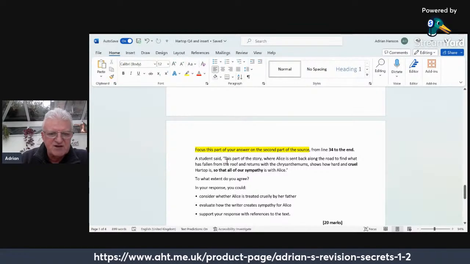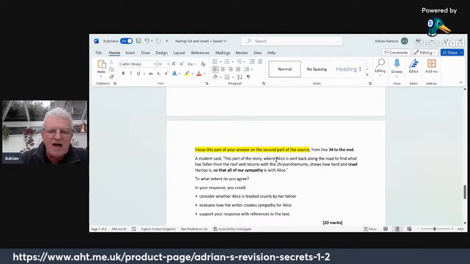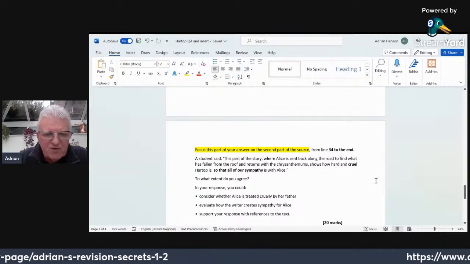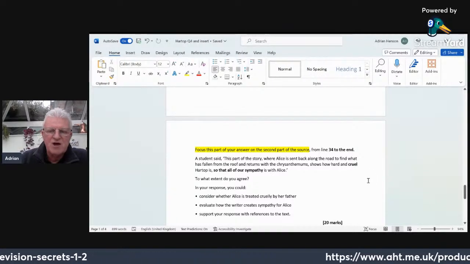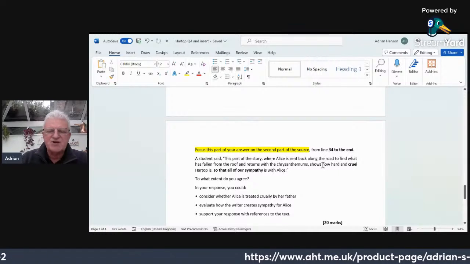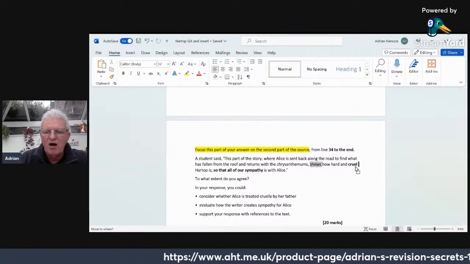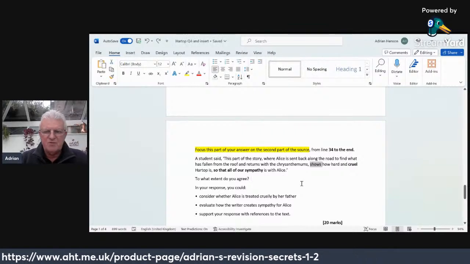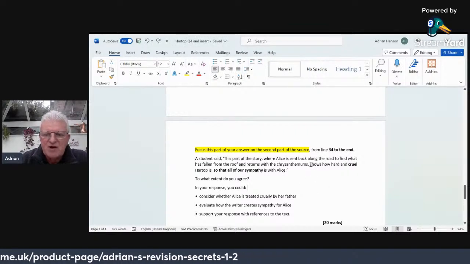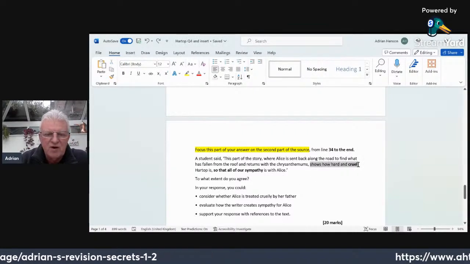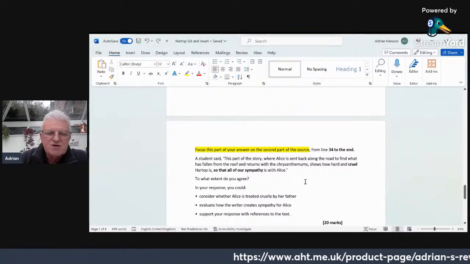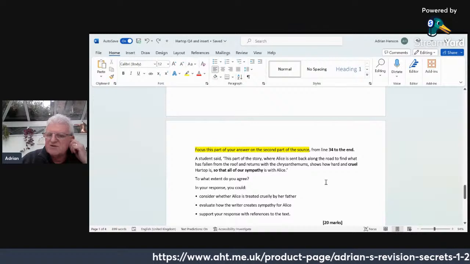It says, a student said, this part of the story where Alice is sent back along the road to find what has fallen from the roof and returns with the chrysanthemums shows how hard and cruel Hartop is, so that all our sympathy is with Alice.